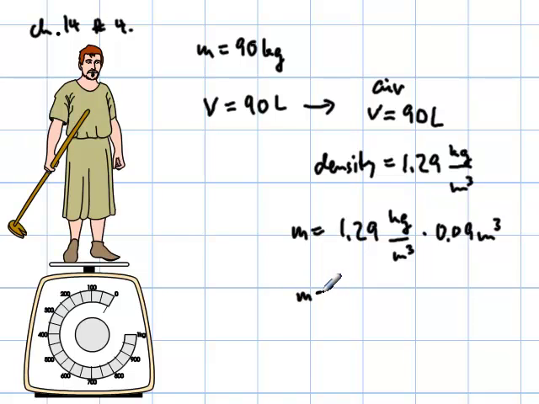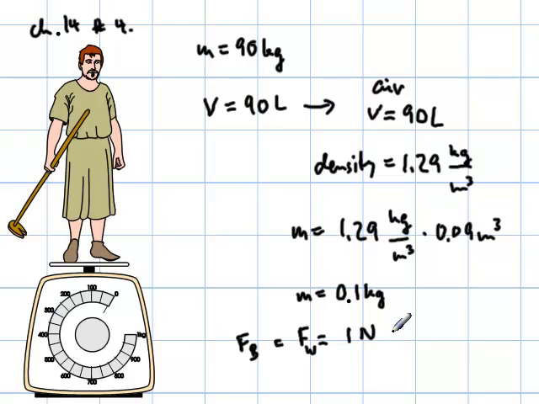So the air that I'm displacing comes out to 1.29 times 0.09, which is around 0.1 kilograms. And multiplying that by 9.8 meters per second squared gives me 1 newton, which is the weight of the air that I have displaced. That's also the same as the buoyant force. So this one here is the weight as well as the buoyant force.